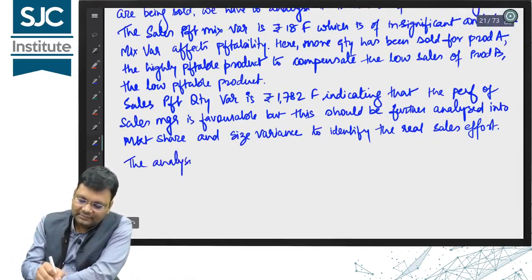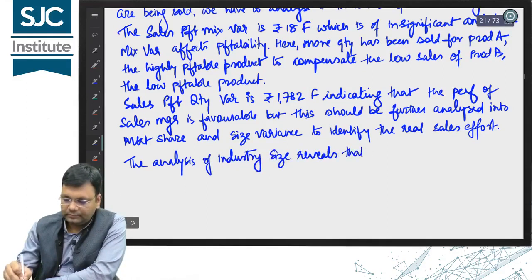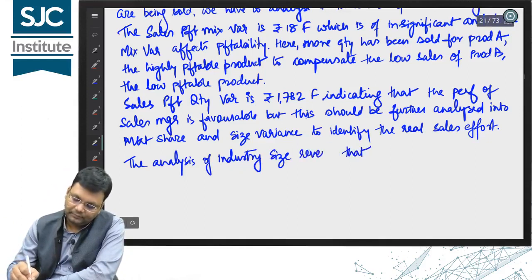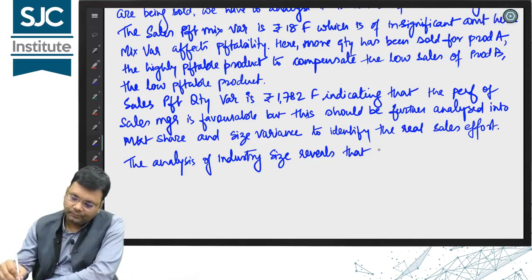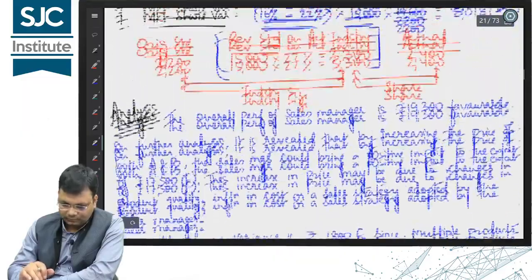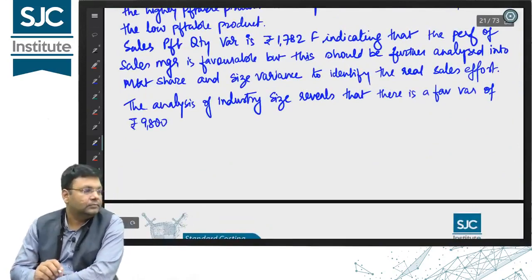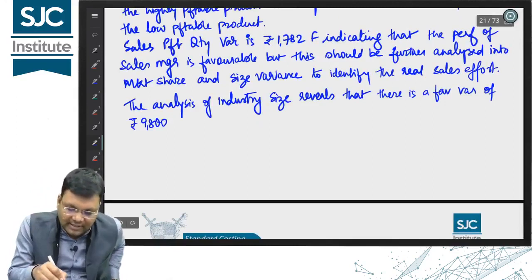The analysis of industry size reveals that there is a favorable variance of rupees 9,800.